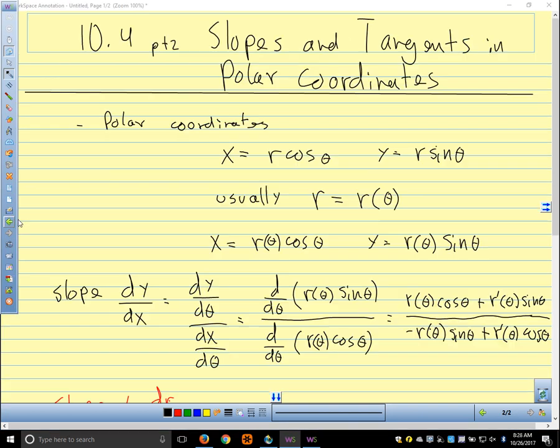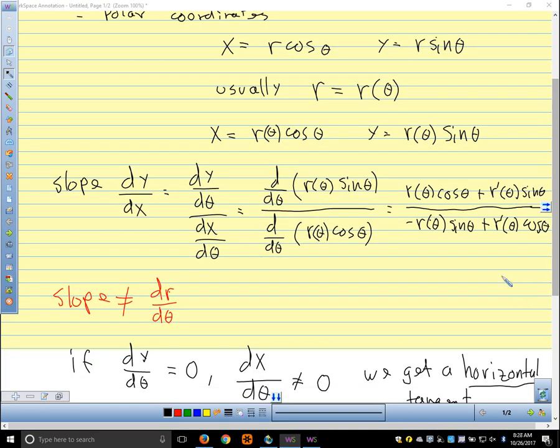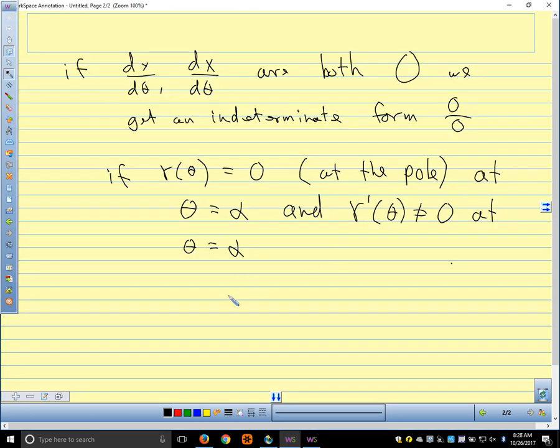So let's go back here. We're at the pole. r of theta is 0. So these two terms drop out. And this term, r prime, is not 0. So the r primes are going to cancel. We get that the slope, dy dx, equals tangent of alpha at that particular theta value.